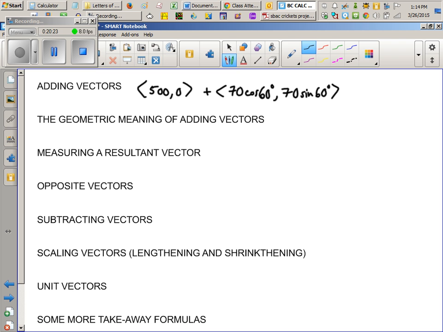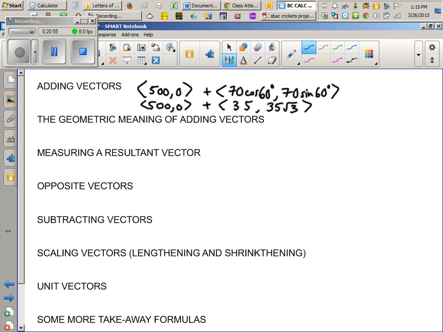You might first want to figure out what 70 cos 60 is and 70 sine 60, right? So it turns out that 70 cos 60 is just 35, because cosine 60 is a half. And 70 sine 60 is really just 35 root 3, because it's 70 times root 3 over 2.